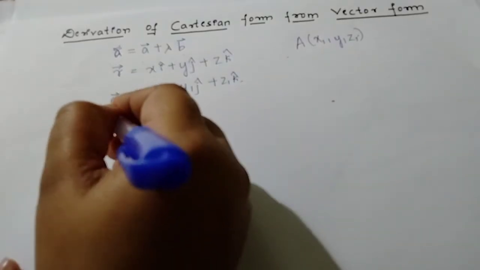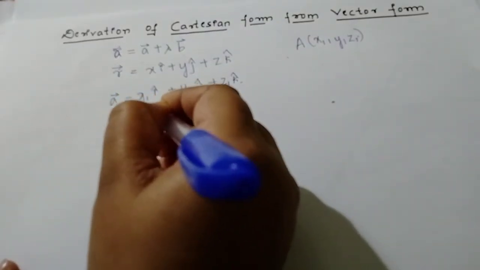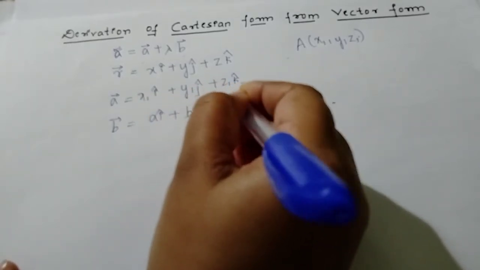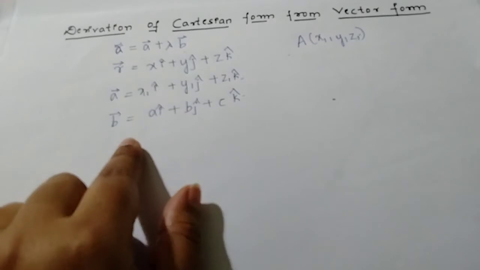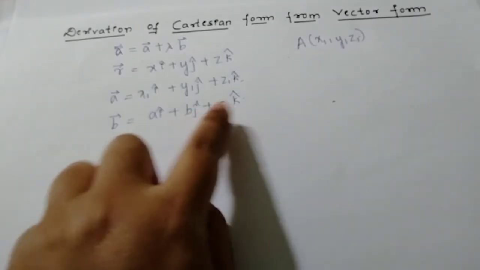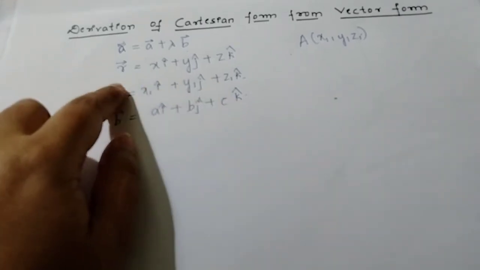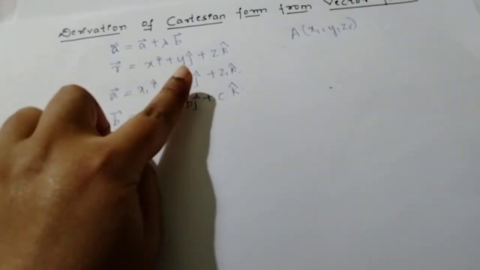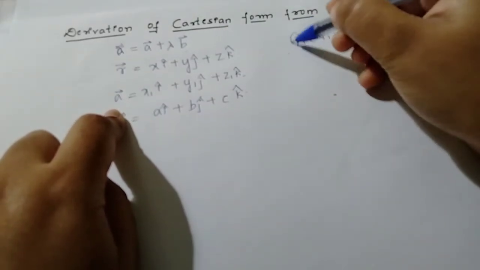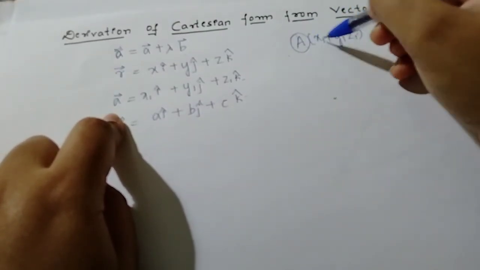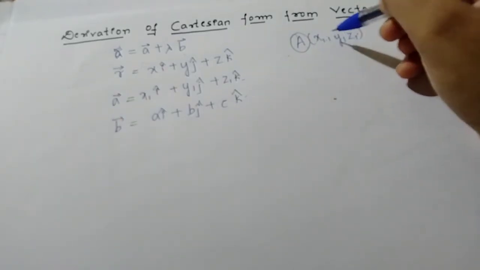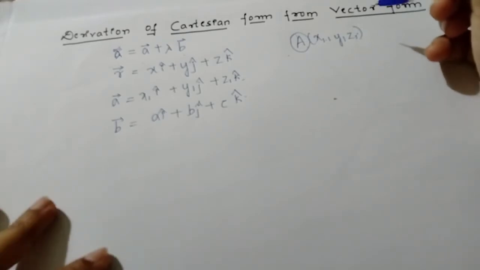Then B, I already told you what it is: ai plus bj plus ck, where a, b, c are direction ratios. R is the standard xi plus yj plus zk. So the position with respect to point A, the point A that I have defined here has 3 coordinates. What are those 3 coordinates? x1, y1, z1. Now what I have to do?